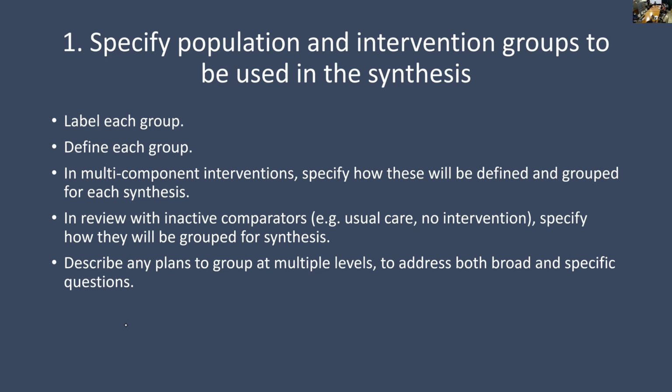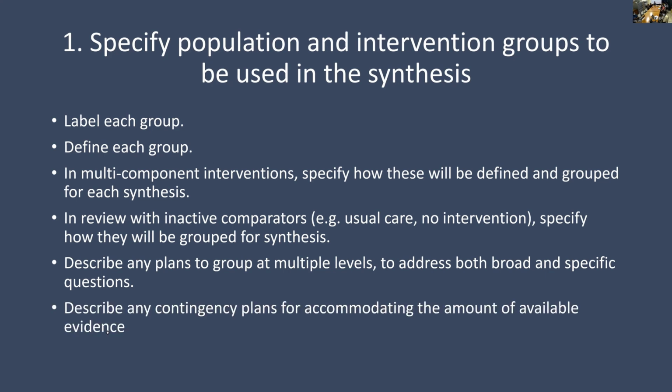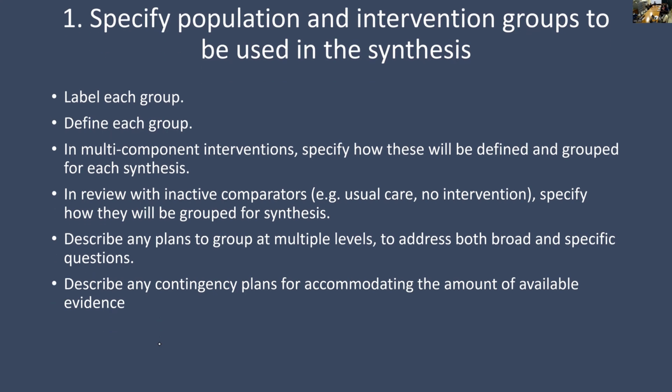We may think we have multiple studies, but finally end up with just one study, so you will want to group them there. Describe any contingency plan for accommodating the amount of available evidence. In case you did not account for some variable, and there are so many studies answering one particular question that you did not think of, how are you going to account for it?